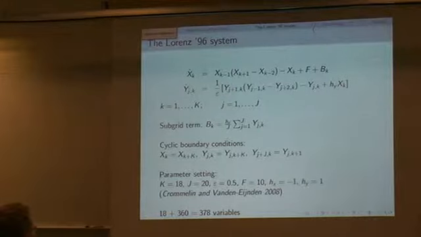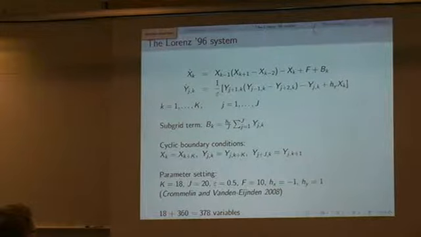Then the y variables themselves, they have advection among themselves, they have a damping, and they have a linear influence, a linear feedback of the x variables onto the y variables. The parameter epsilon is the timescale separation parameter. It makes the timescale separation explicit. So if epsilon is close to 0, it's infinite timescale separation. If it's close to 1, there's no timescale separation.